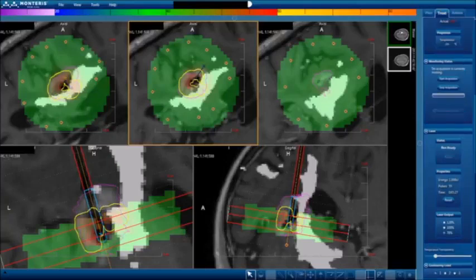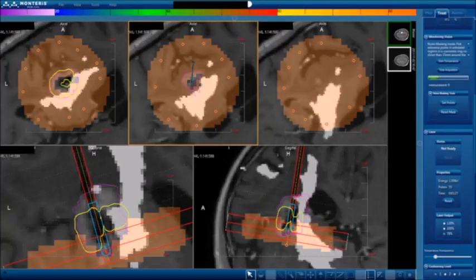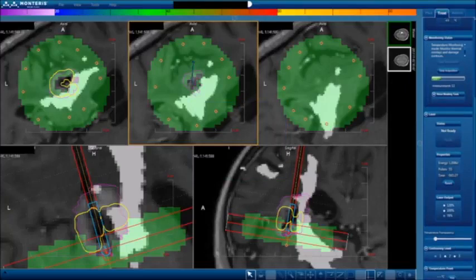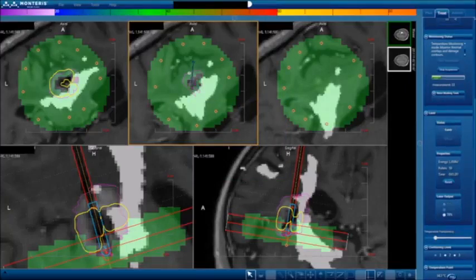During ablation of a lesion located away from the eloquent regions, the goal is to have the entire lesion within the blue tissue damage threshold line if possible. And during the ablation of a lesion located near the eloquent region, the goal is to keep the eloquent area outside of the yellow line as much as we can.